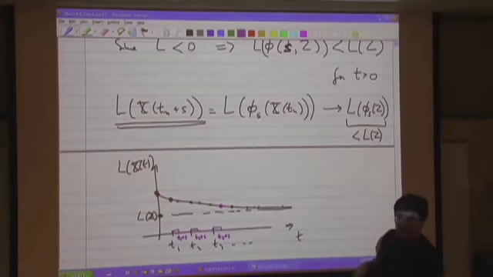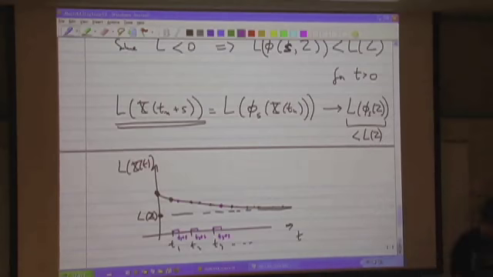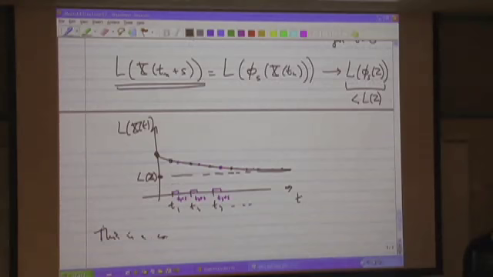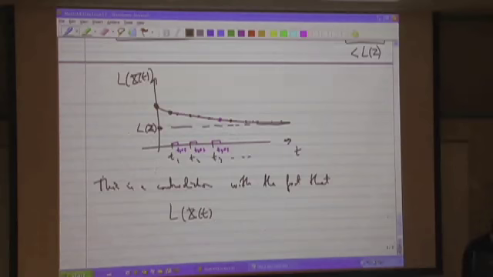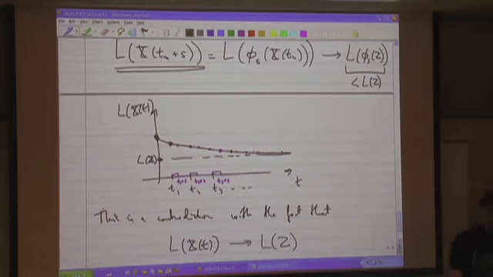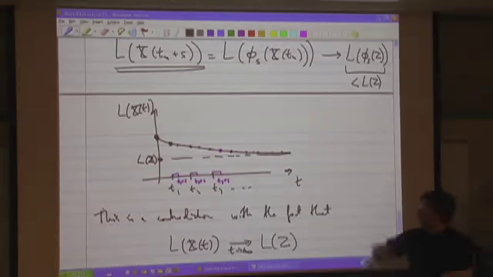Maybe you haven't seen this before, if you haven't had analysis, but this is a contradiction with the fact that L of x of t has to go to L of z as t goes to infinity on every sequence, including on that sequence.